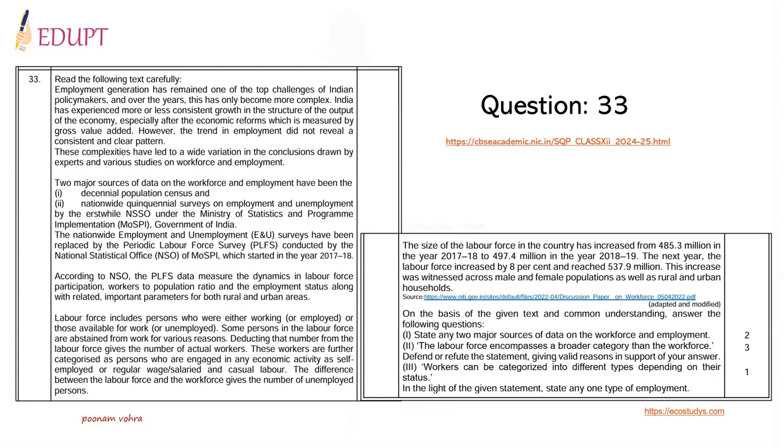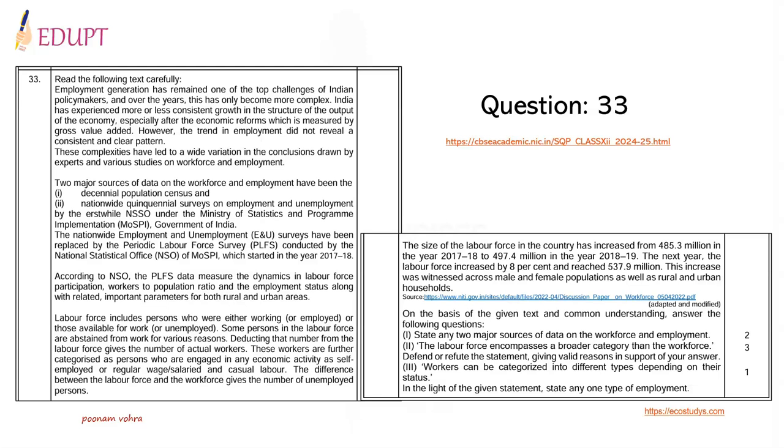These workers are further categorized as persons who are engaged in any economic activity as self-employed or regular wage or salaried and casual labor. The difference between the labor force and the workforce gives the number of unemployed persons.